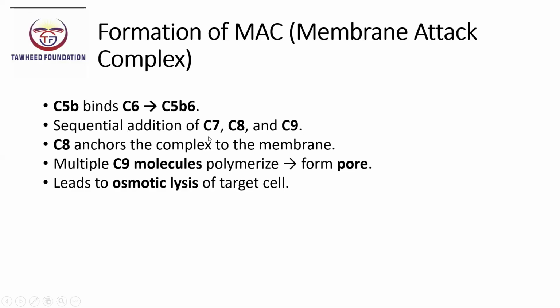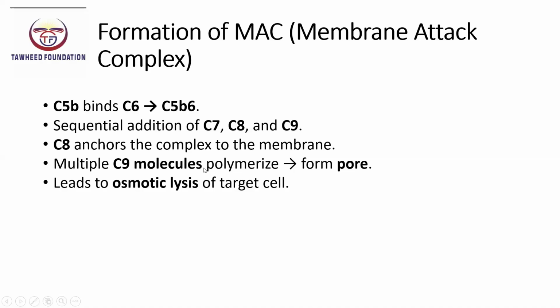C7 helps anchor the complex to the target membrane, and C8 penetrates the lipid bilayer, creating a site for C9 polymerization. Multiple C9 molecules arrange themselves in a circular fashion to form a transmembrane pore.